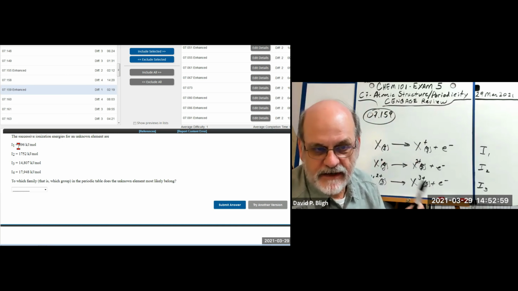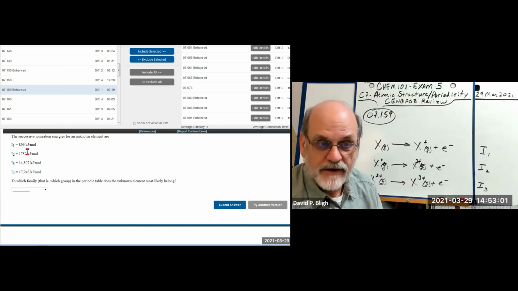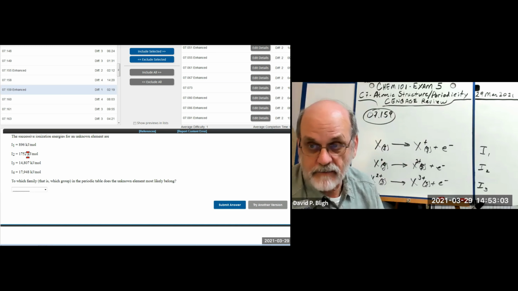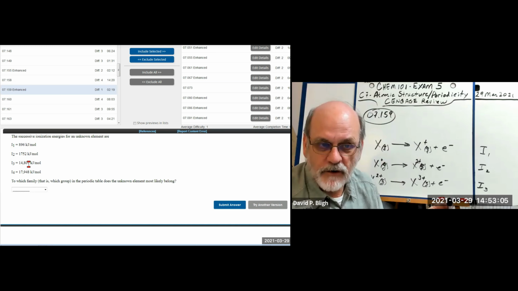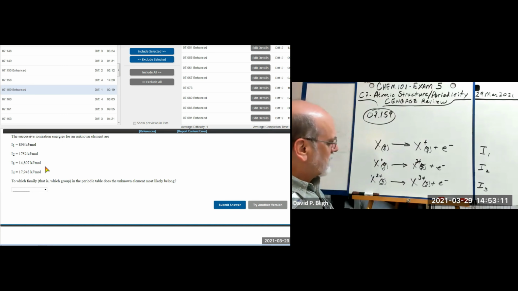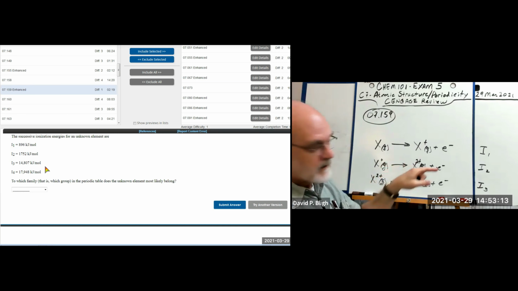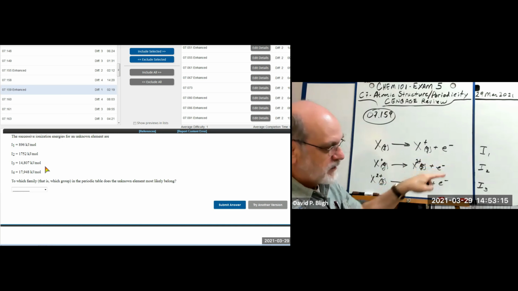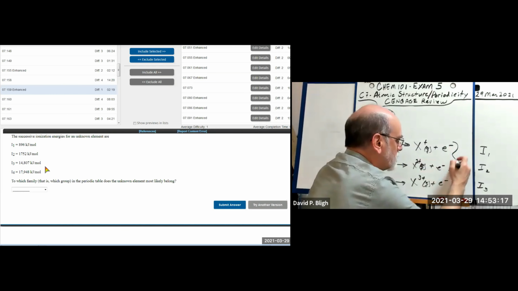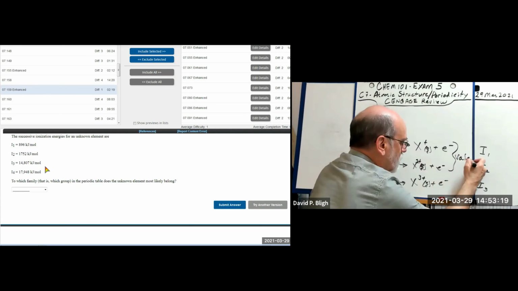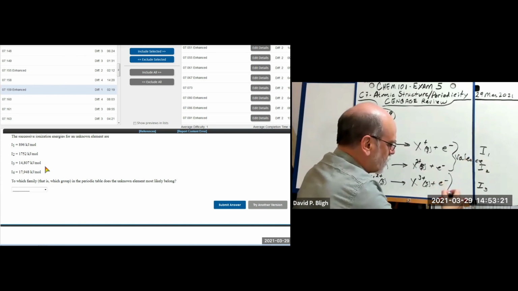Notice, first ionization energy is here. Second one is larger, right? We would expect that. The third one is huge compared to the second one. That means that most likely these two electrons are valence, and this one is core.